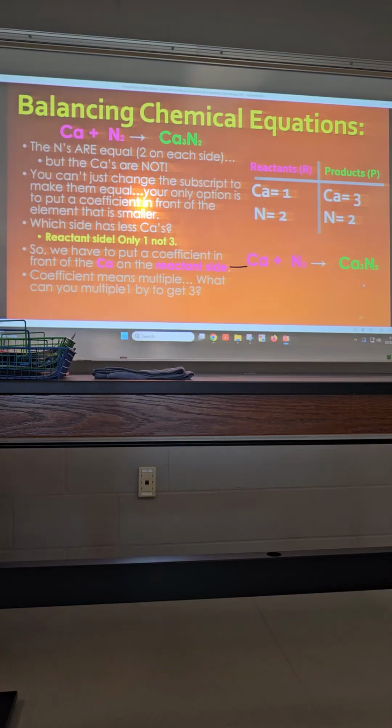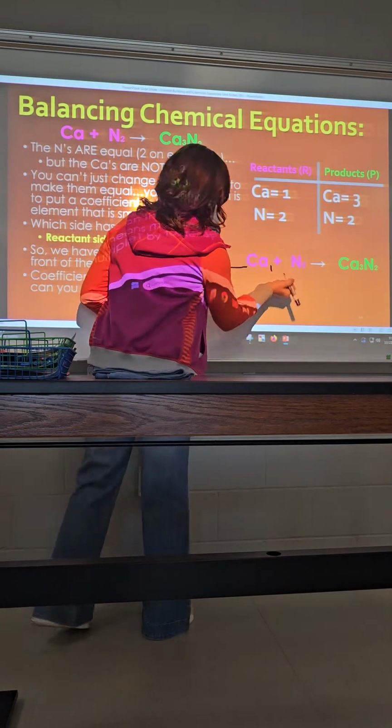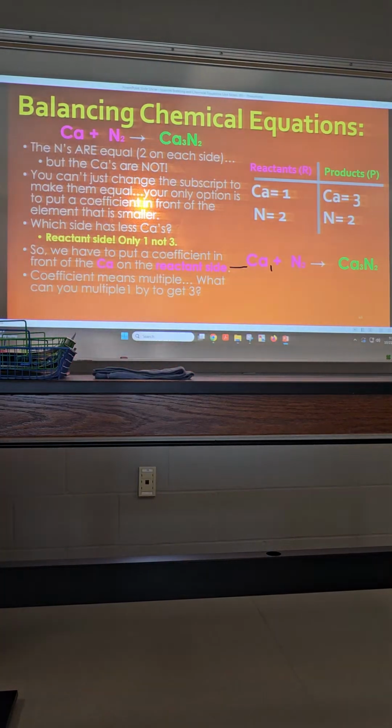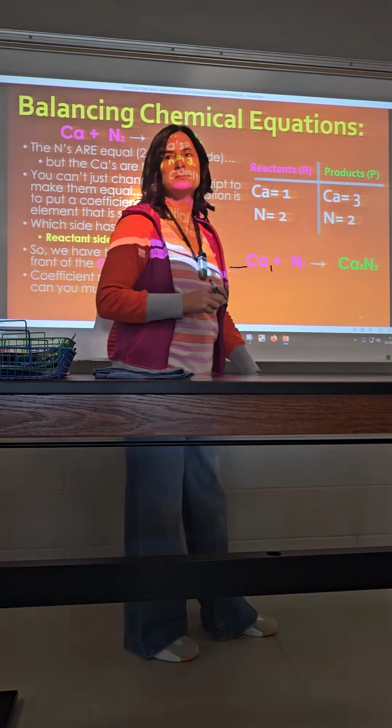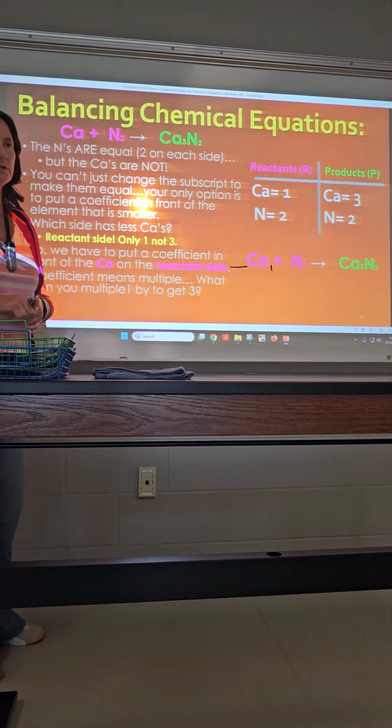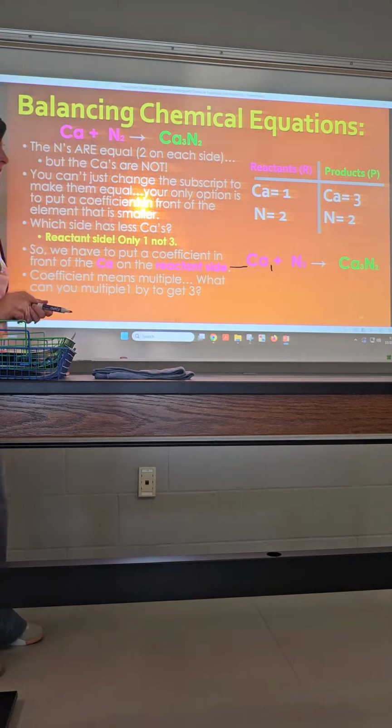So coefficient in math means multiply. So we can apply that here. So what can I multiply by calcium's 1, because really that has a subscript of 1. So what can I multiply by 1 so that I equal my total of 3? Alexis? 3 would make sense, wouldn't it?